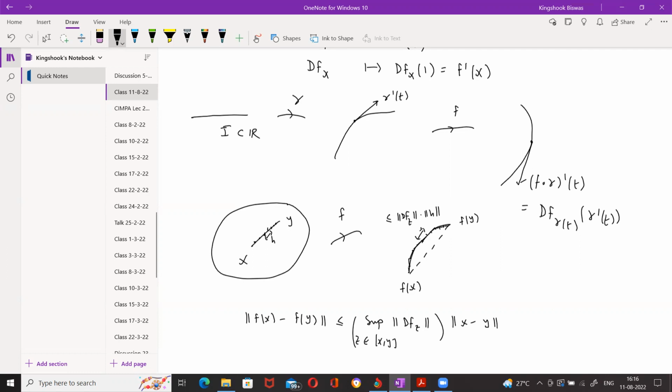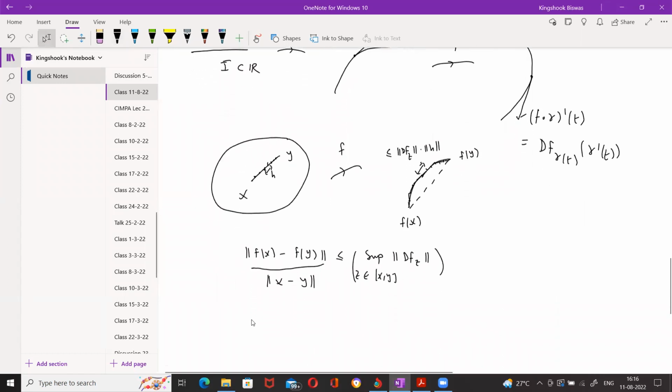Right, so this is the maximal infinitesimal stretching, this sup of norm df(z). And if I rewrite this, what it's saying is that norm f(x) minus f(y) divided by norm x minus y is less than or equal to this, right? So this is the global stretch factor, and this is the maximum infinitesimal stretch factor.